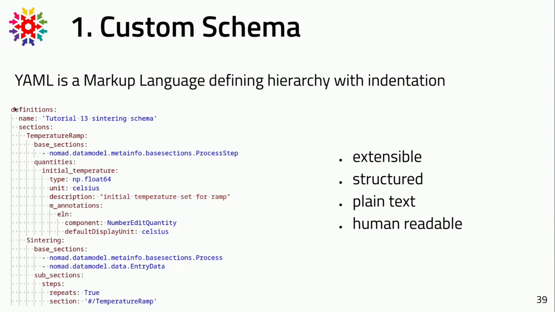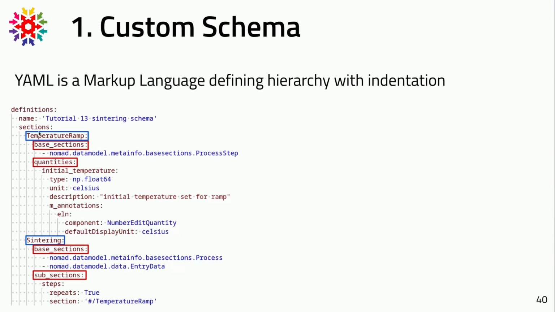This is the next level of structuring. You see here a YAML file. YAML is just a kind of markup language. In our case, this is constituted by three main parts. The blue circle one is the name of our custom class, which we decide, it is user defined.